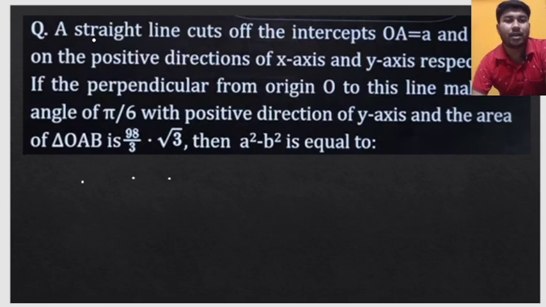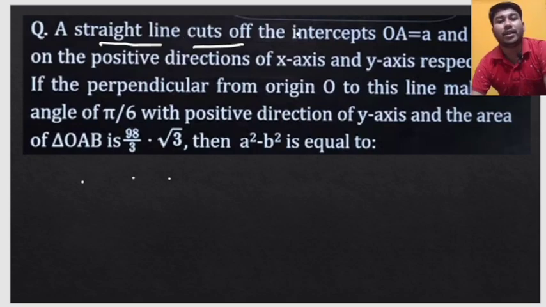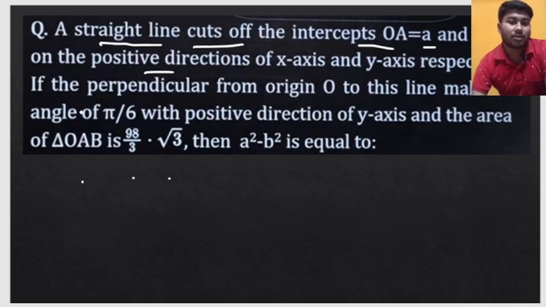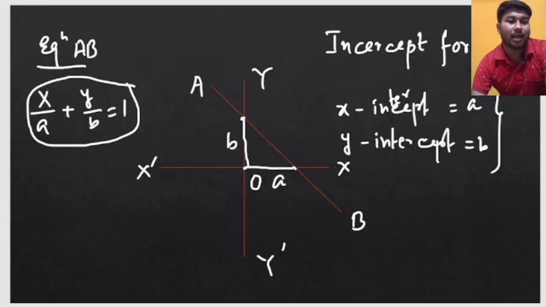So the problem is: one straight line is there, and that cuts off the intercepts OA, that is of length A, and OB, that is B, from the positive direction of the x and y axis respectively. The same thing we have drawn here, so you can relate if you look at the picture.